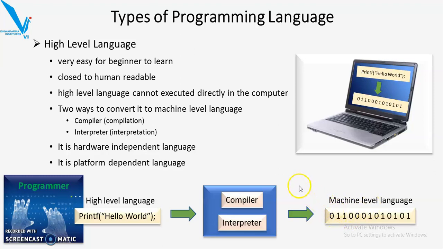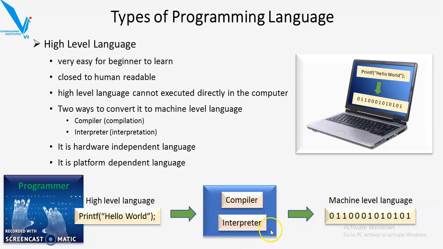So we have to convert it to machine level language by using two methods, that is compilation and interpretation. Compilation is done by the compiler and interpretation is done by the interpreter. In compilation, the source code is converted at once and executed at once.